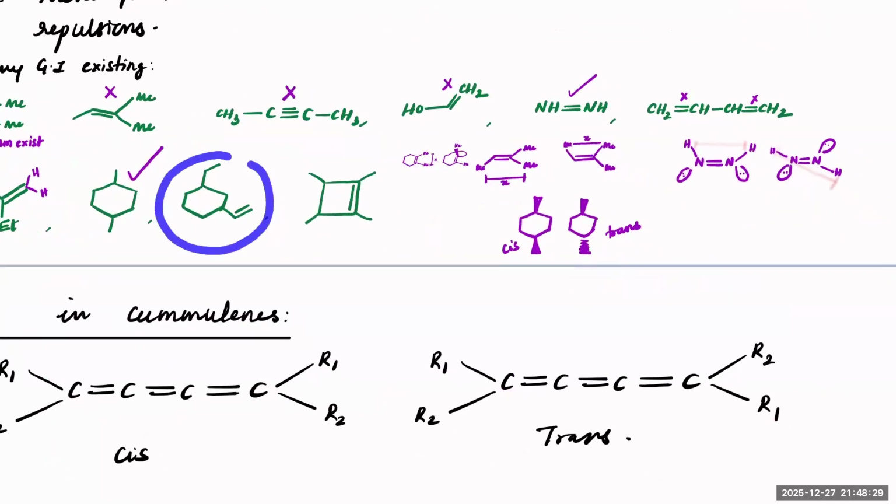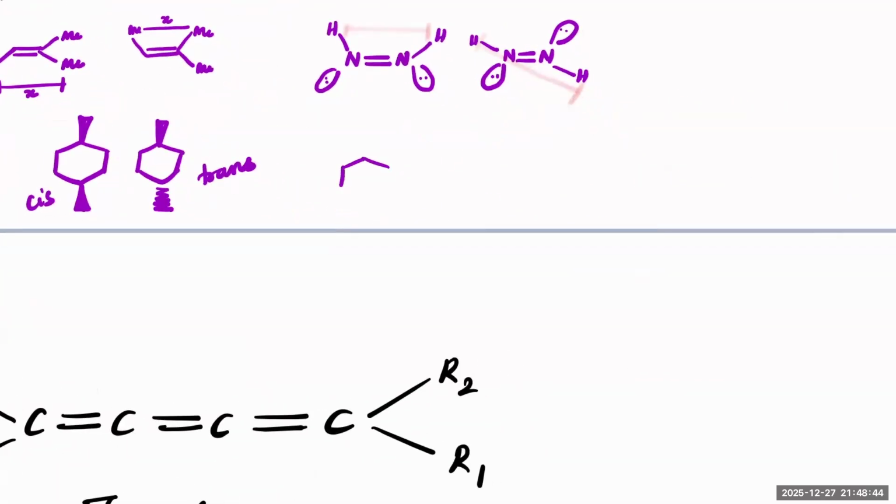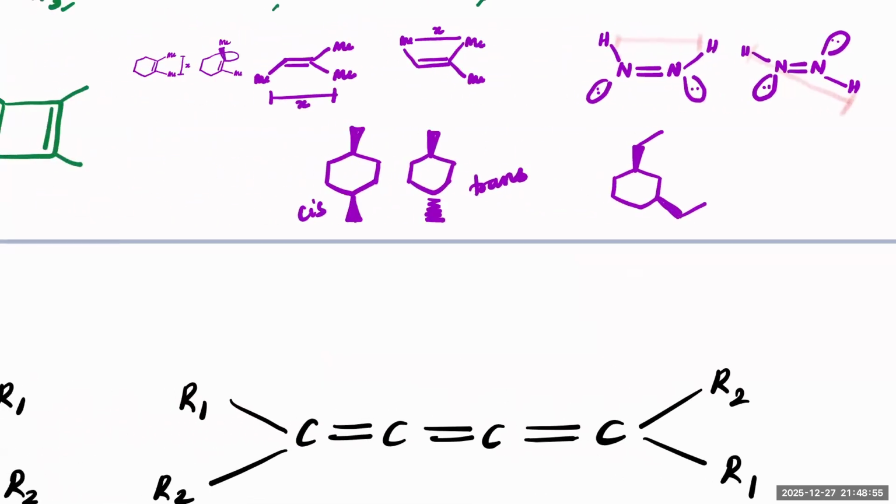Same logic goes to this one also. Geometrical isomerism is not with respect to this double bond, but with respect to the restricted system at this position and this position. At these two positions, there is a restricted system. How is that restricted? Like this. You can have a group coming out, methyl here, and one group coming out here like this with a double bond on it.